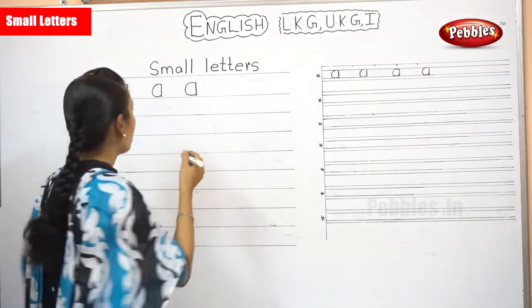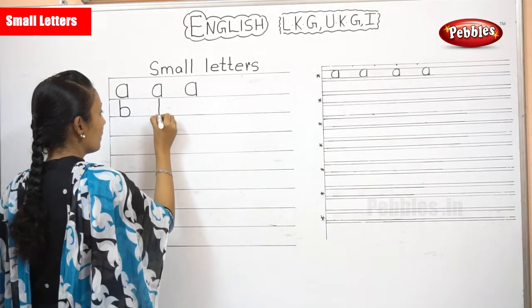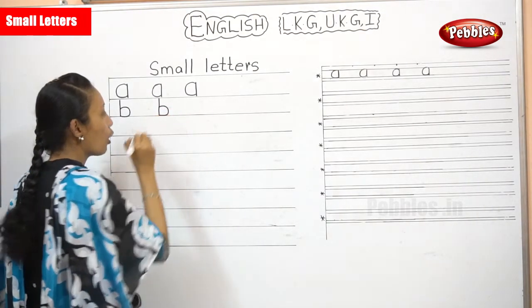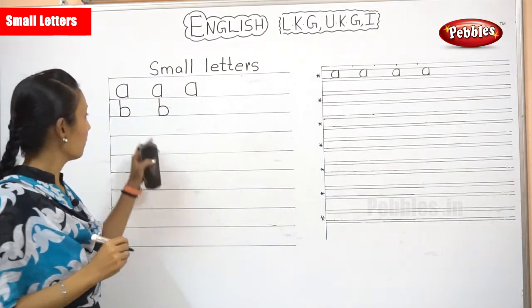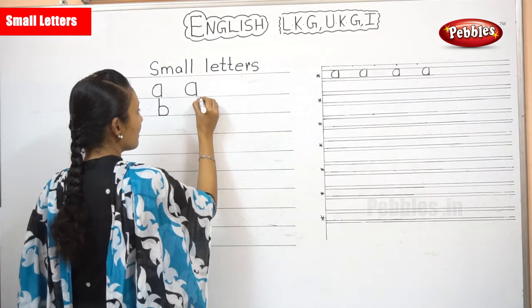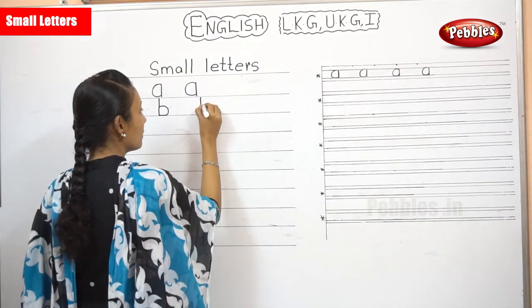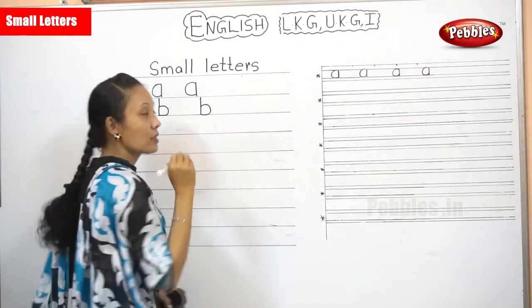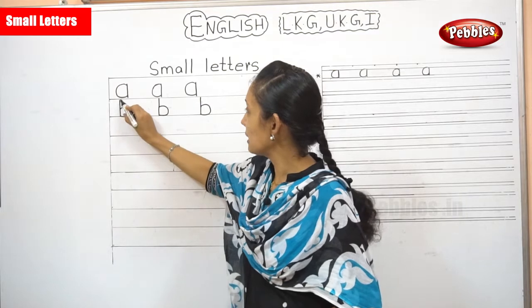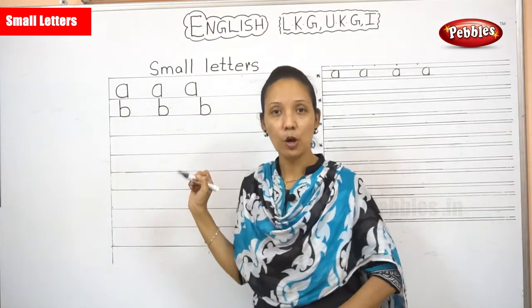Again a standing line and your curve, small b. As we learned, your standing line and your curve, it's your small b.